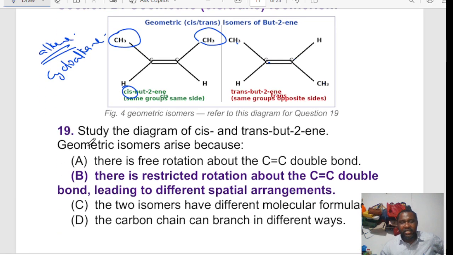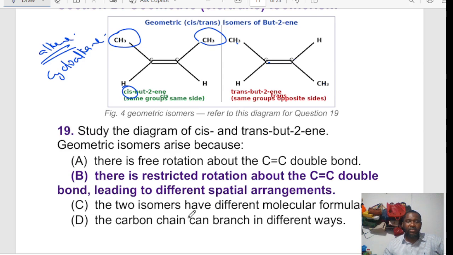Now number 19 says, study the diagram of cis and trans butene. Geometric isomers arise because A says there is free rotation about the carbon-carbon double bond. That's not true. There is no rotation there. B says there is restricted rotation about the carbon-carbon double bond, leading to a different spatial arrangement. And that is it. Because this cannot rotate along this carbon because of the double bond, it gives us that spatial arrangement.